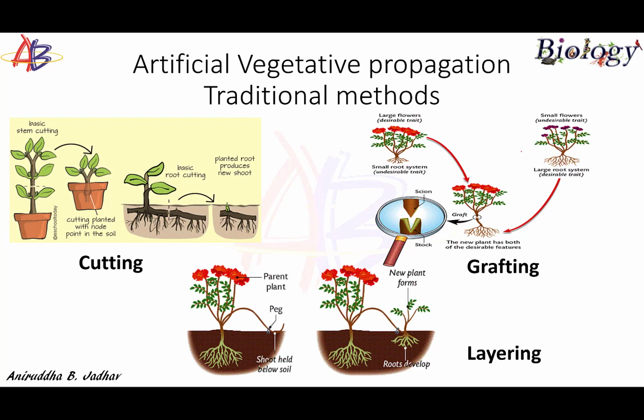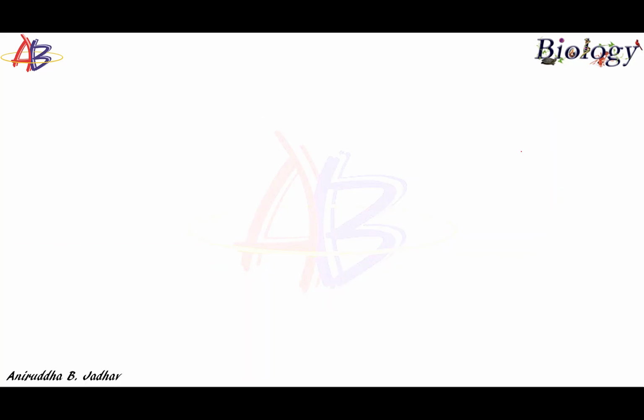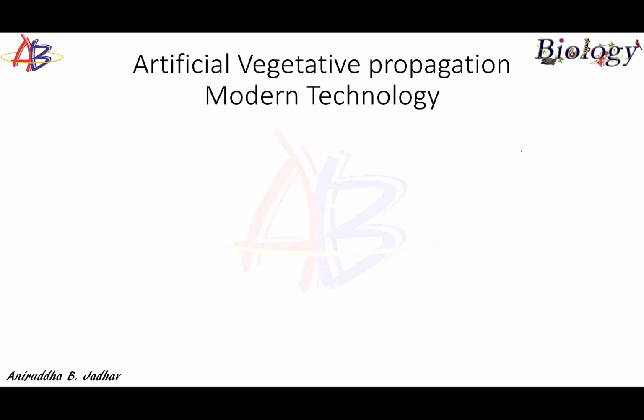These are all the traditional methods practiced in horticulture for improvement of crop varieties or getting desirable characteristics into crop varieties. Now next we will study the modern technology used for artificial vegetative propagation, and it is termed micropropagation.